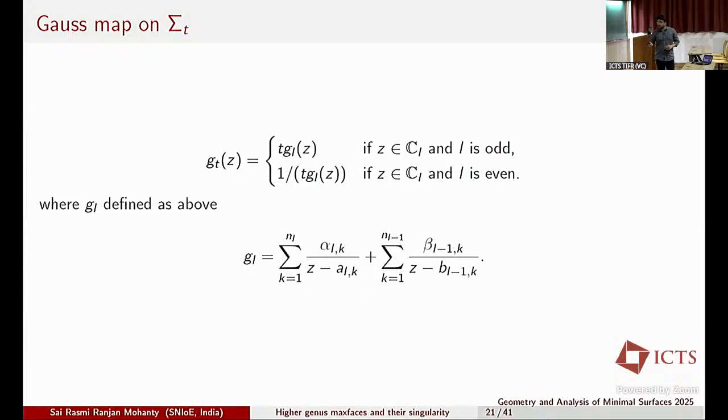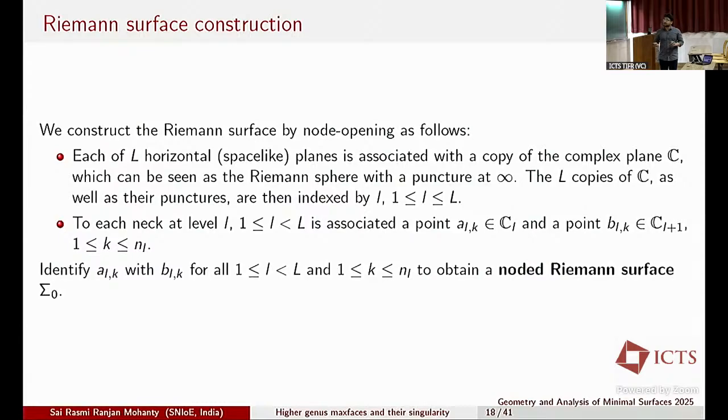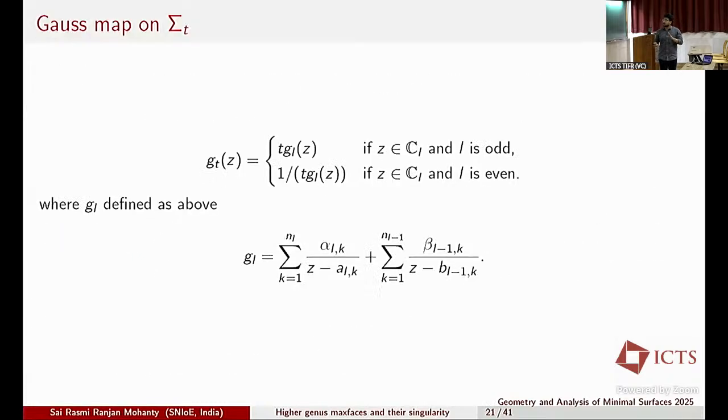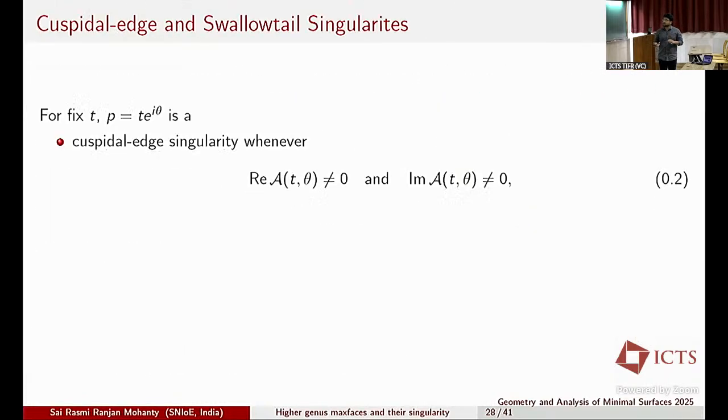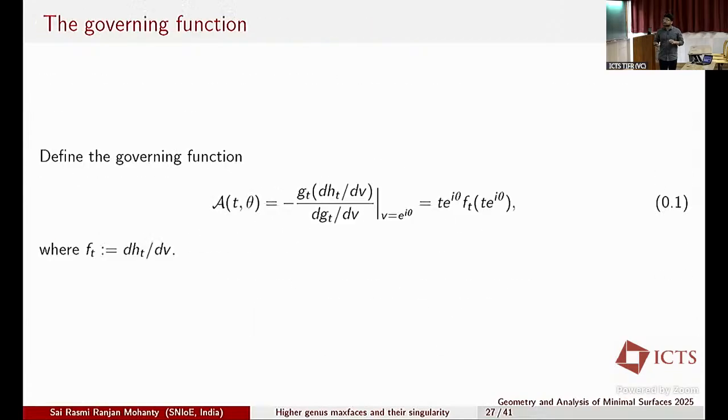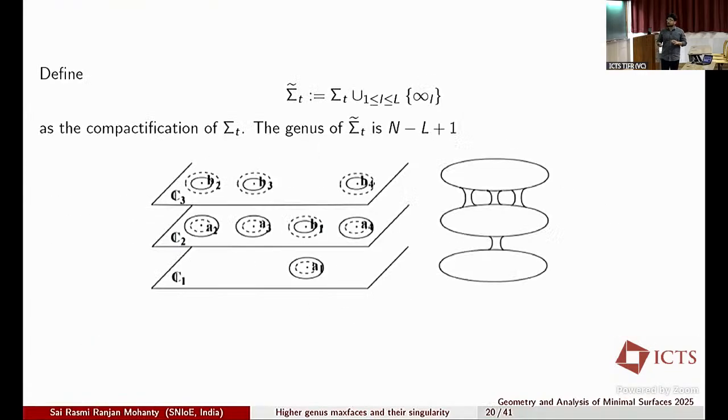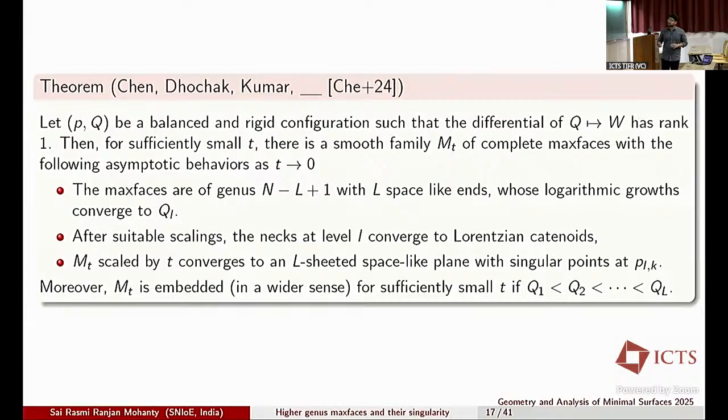This does not mean each surface has a catenoid neck like in this theorem. In this theorem, we prove that when t tends to 0, this neck looks like a Lorentzian catenoid, not for any non-zero t.